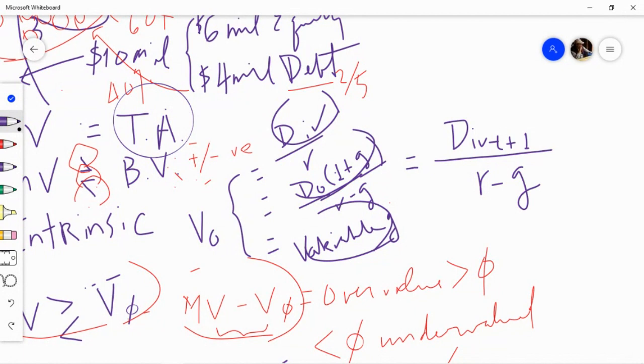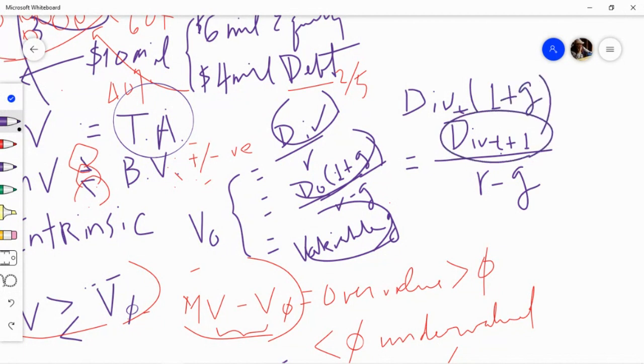And how do we know what the dividend at time t plus 1 is? The dividend at time t plus 1 is simply the dividend at time t times 1 plus g.